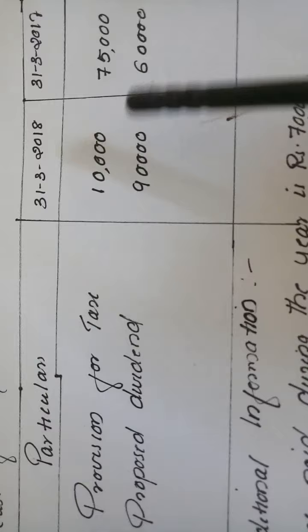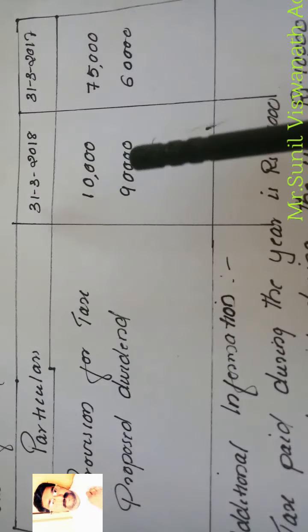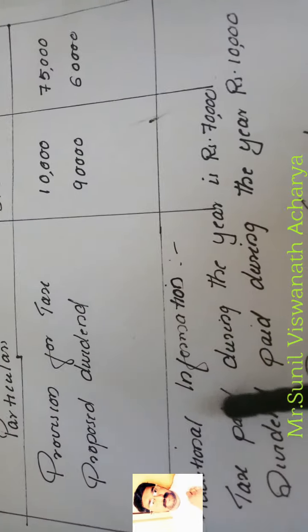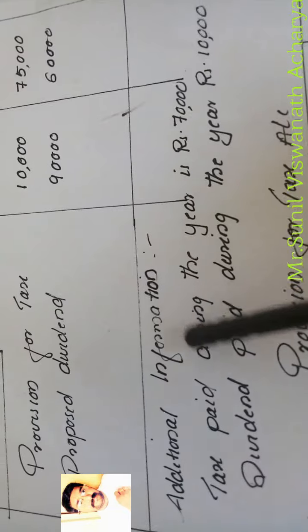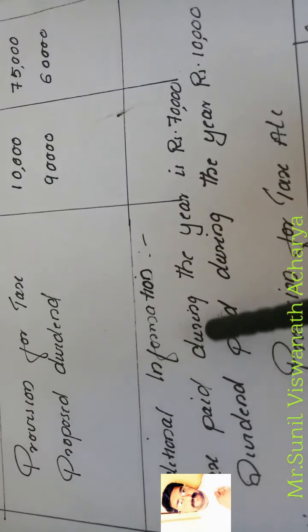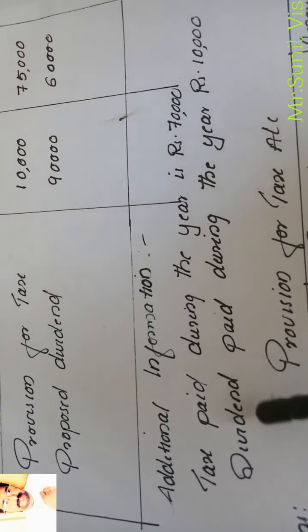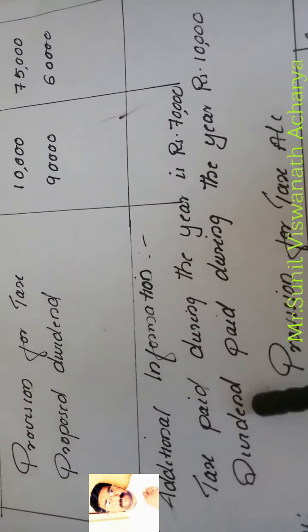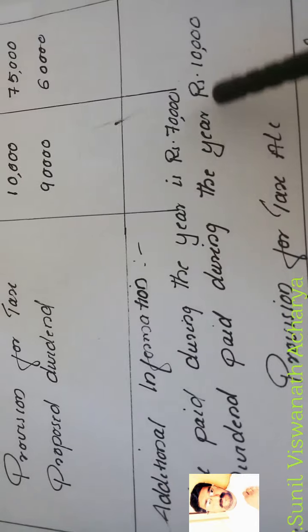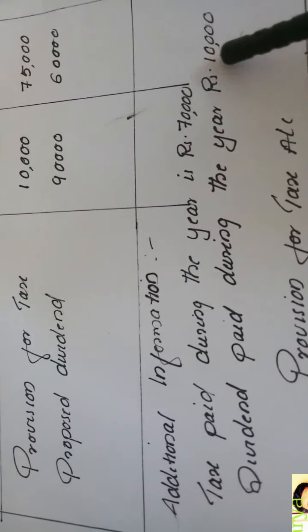This is the normal treatment, but when any additional information is given related to provision for tax or dividend, see here one additional piece of information is given: tax paid during the year is rupees 70,000. One more is given: dividend paid during the year is rupees 10,000.